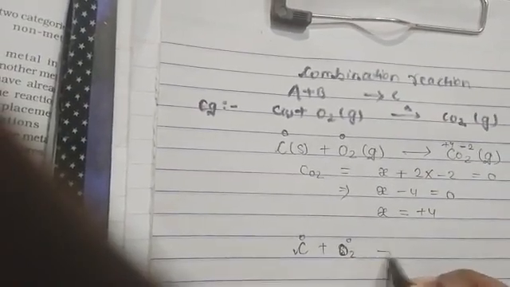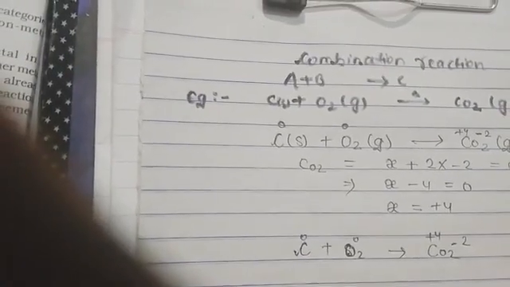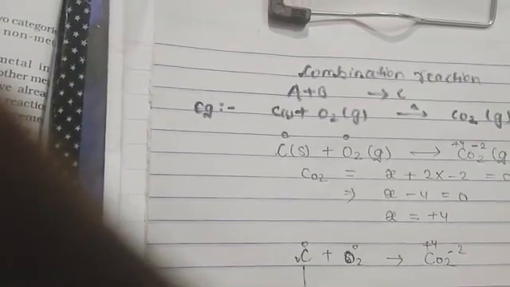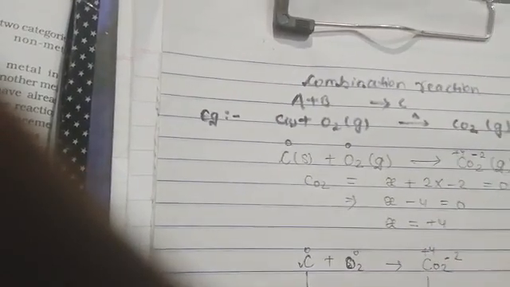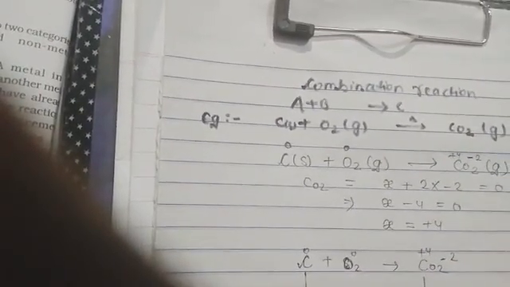C0 O2 0 gives CO2 +4 and -2. Here see that increase in oxidation number that we know as oxidation and decrease in oxidation number that is known as reduction.